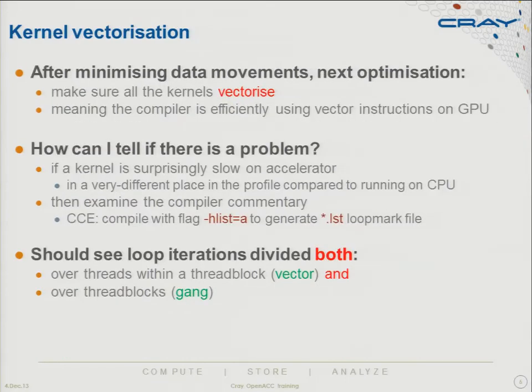So vectorization is the first thing. Make sure all the kernels vectorize. That means that the compiler is efficiently turning what you're doing in your loops into vector instructions, the minimum number of vector instructions to do all the work. If it's not, it will take more clock cycles because it will be using more vector instructions, but in an inefficient manner. How do you know if there's a problem with this? Well, first of all, you've accelerated all your kernels.